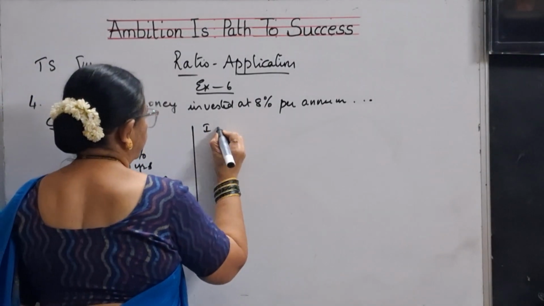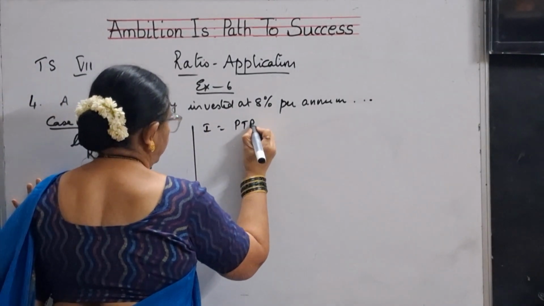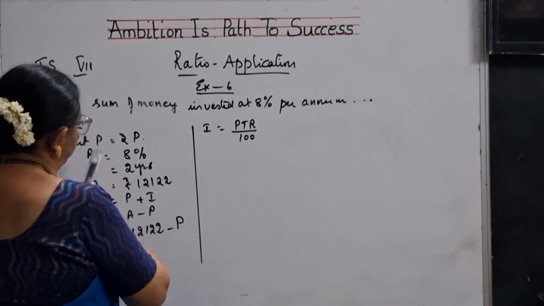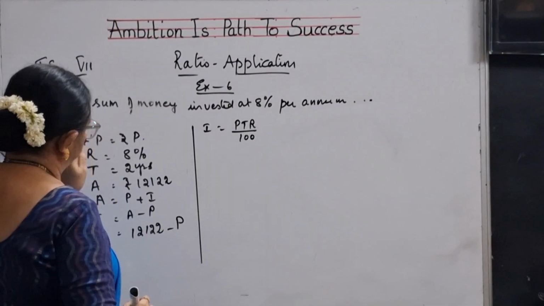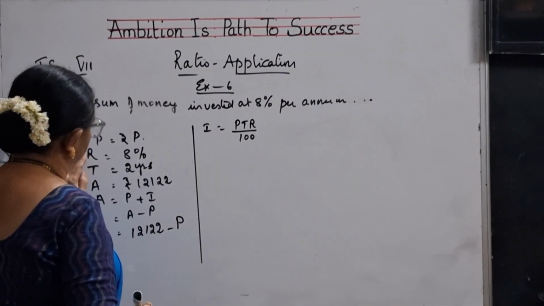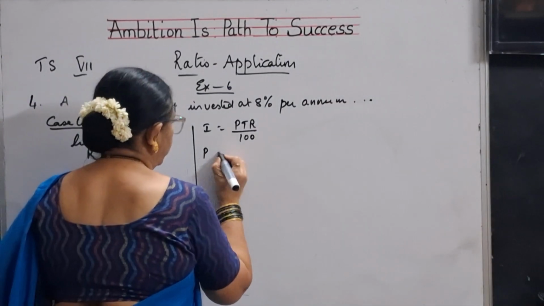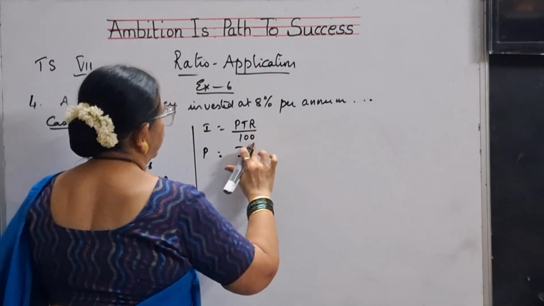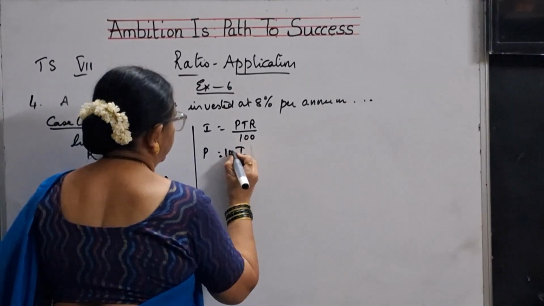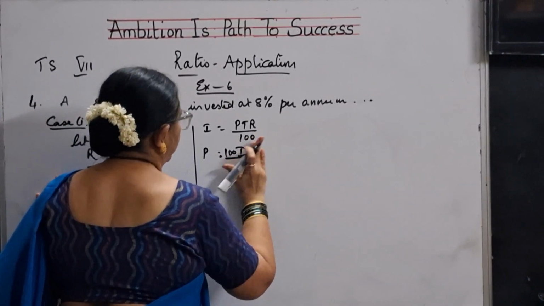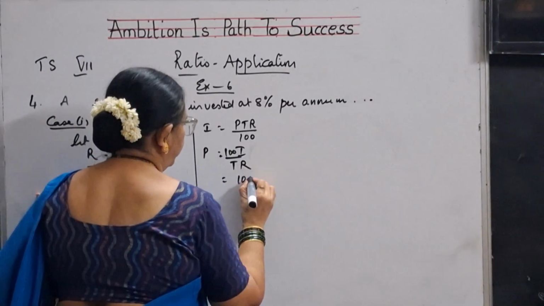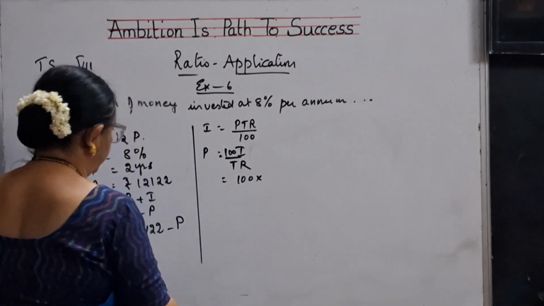We know that I is equal to PTR by 100. Now what do we want, children? We want P because T is given, R is given. P is equal to 100I by TR. So 100 into I. What is I?